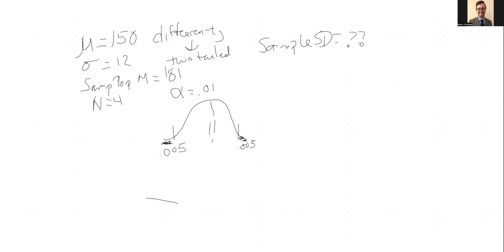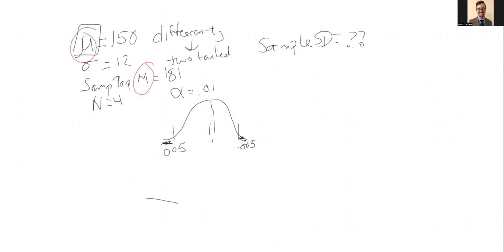So now when I'm looking at my formulas, the formula sheet gave us two possible options. I have a population mean here, and I have my sample mean here. Those are two really important pieces of information.